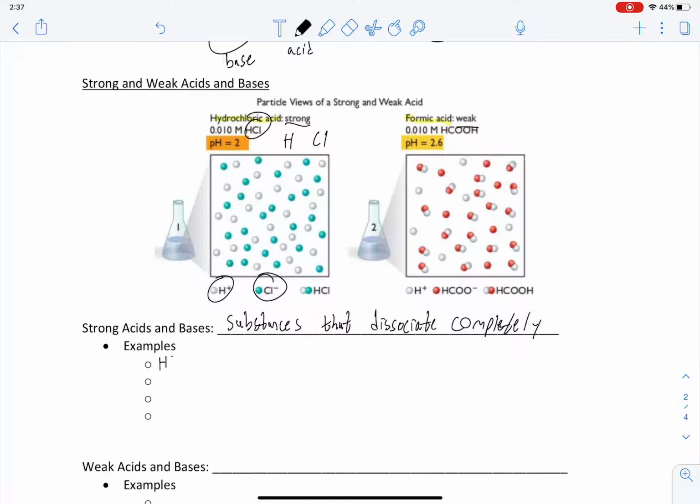Some examples include hydrochloric acid. We'll write these out. Nitric acid. And then talking about strong bases, we have sodium hydroxide.